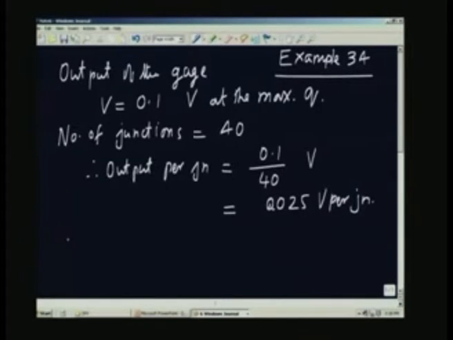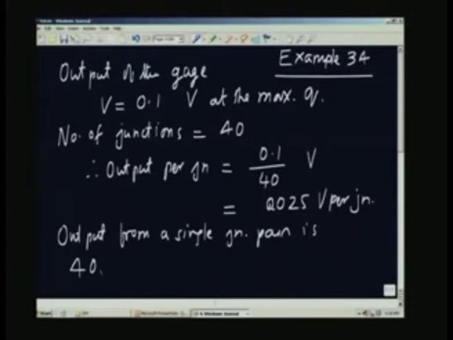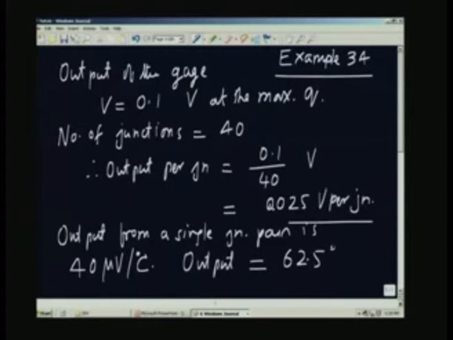If you assume that the output from a single junction pair is some 40 microvolts per degree Celsius, if you assume that, the output given here will correspond to about 62.5 degrees centigrade.